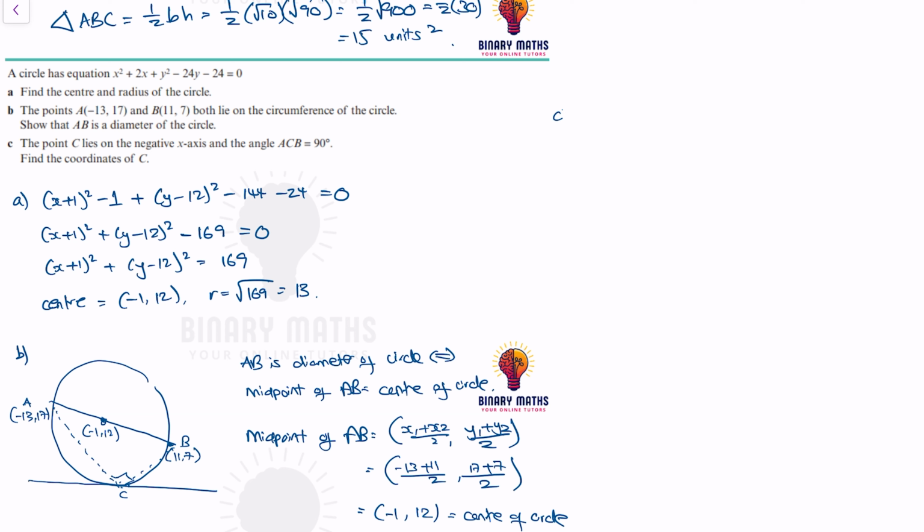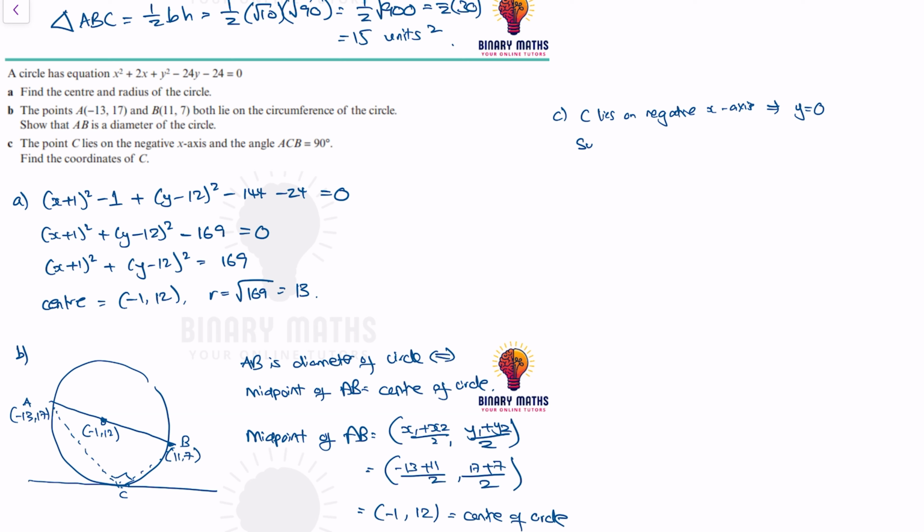because C lies on the negative x-axis, it implies y is equal to 0. Okay, let me just rewrite that. Because C lies on the negative x-axis, y is equal to 0.